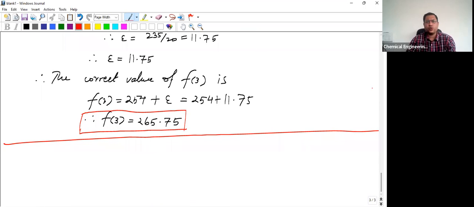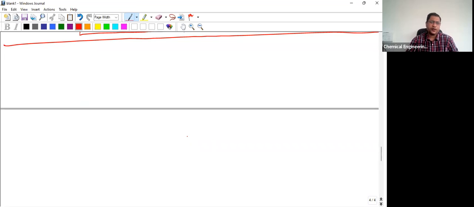Now we have to see some properties of these operators. We have seen the forward difference operator, the backward difference operator, the forward shift operator and the backward shift operator, and we have also considered the central difference. Now we have to consider the average operator.